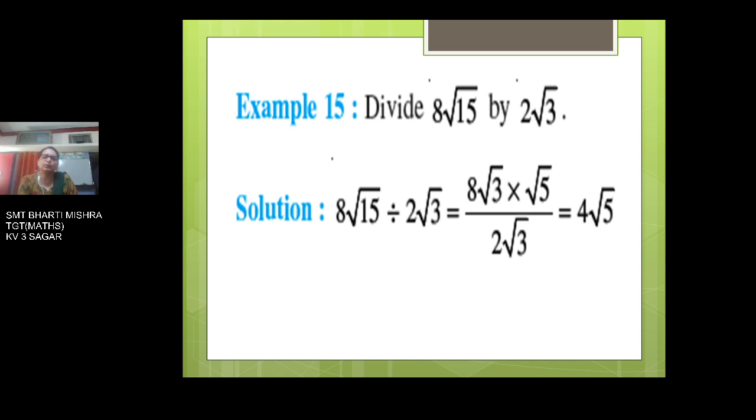Now root 15 can be written as root 3 into root 5. Now root 3 in the numerator divided by root 3 in the denominator is 1. And 8 divided by 2 comes to be 4. So the result is 4 root 5.